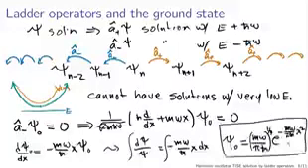Now it's off to the races. By consideration of the Hamiltonian and attempting to factor it and defining ladder operators and exploring the consequences of these ladder operators, in particular that any single solution gives us an infinite number of solutions by repeatedly applying a plus and a minus, the necessity of a normalizable wave function, the necessity of having a lowest energy state, meant that we got an equation that was simple enough that we could solve it with just simple ordinary differential equations.